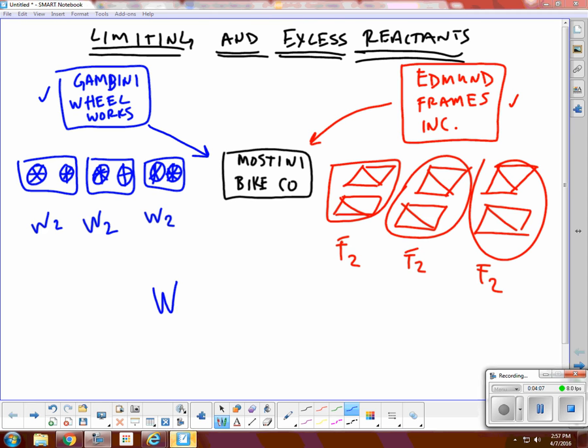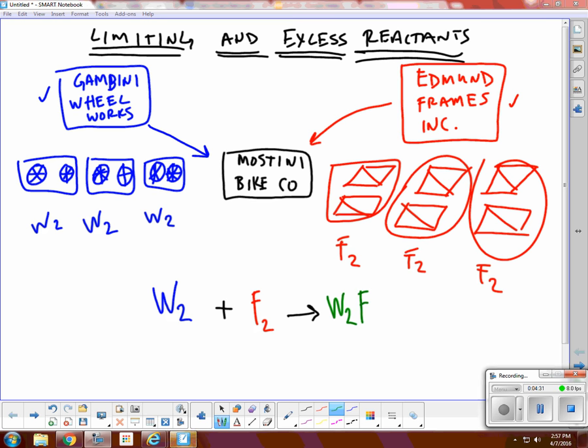So our bike making equation is going to be, let's see, wheels plus frames is going to produce a bike. And a bike, we're going to say, is something with two wheels and a frame.